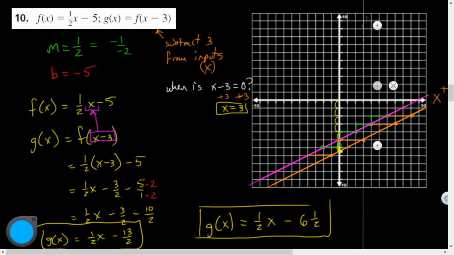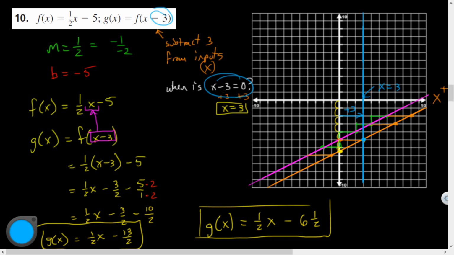My new y-axis occurs over here. So kind of, if you want to think about it this way, when x minus 3 equals 0, when will my y-intercept be negative 5? It hits negative 5 right here for the y value, and that occurs for the new x value when x is equal to 3. All right, you don't have to imagine any of that. I was just trying to give one other reason why there is this horizontal shift of positive 3 when I was subtracting 3.